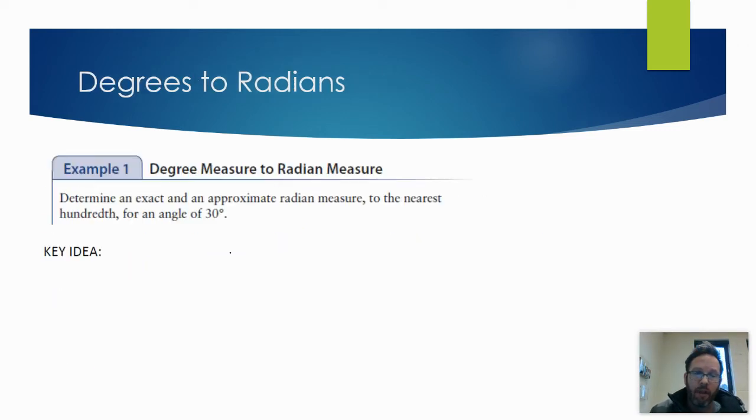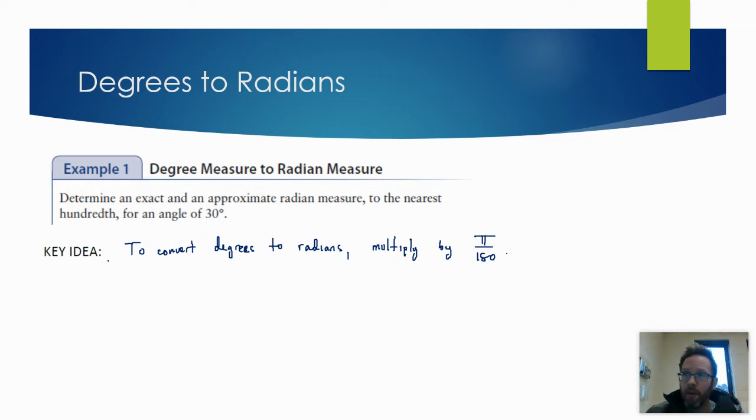So we're going to use that. To convert degrees to radians, we multiply by pi over 180. The reason for pi over 180 we established before.